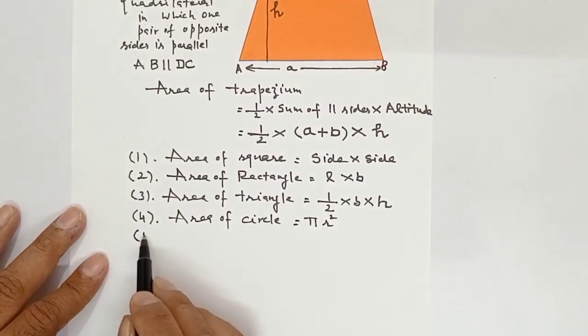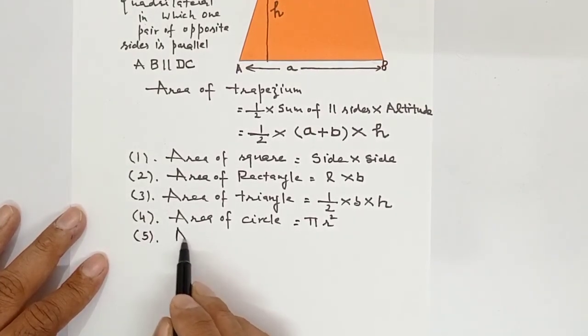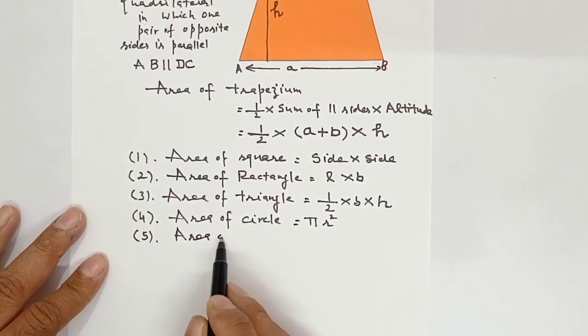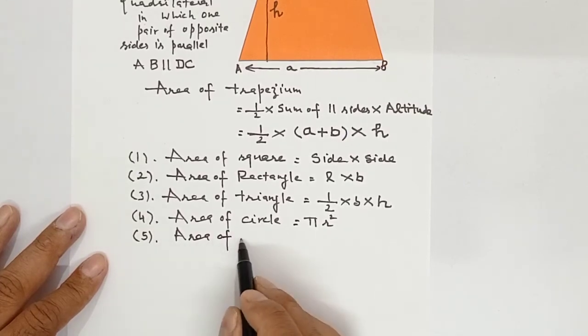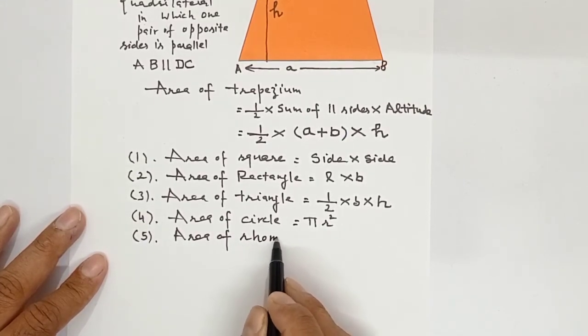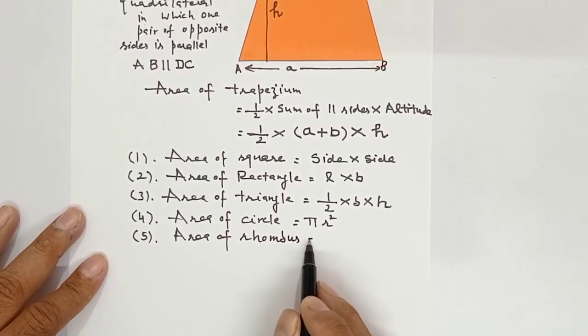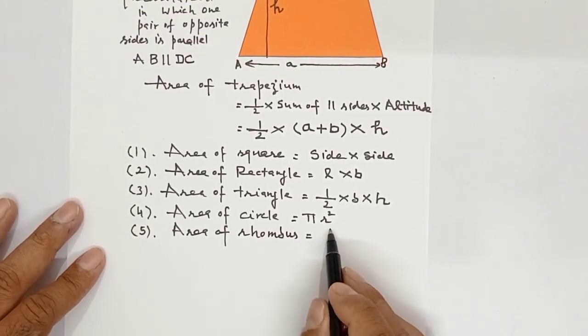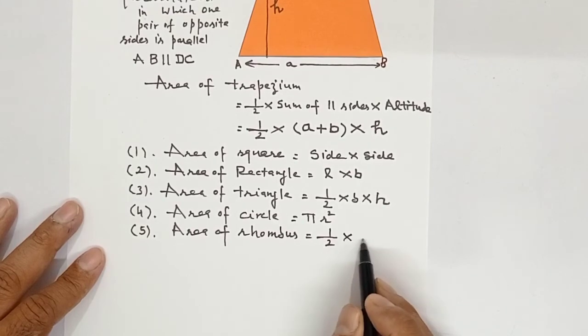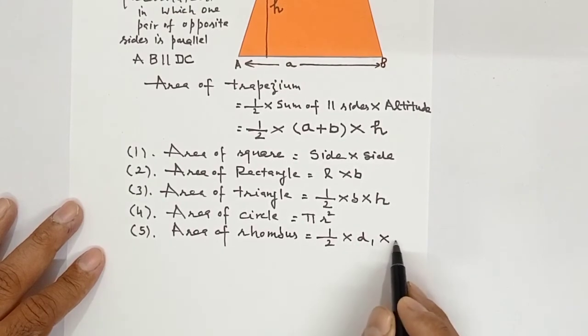Then area of a rhombus when both diagonals are given. One diagonal is d1, another is d2. So it is 1 by 2 into diagonal 1 into diagonal 2.